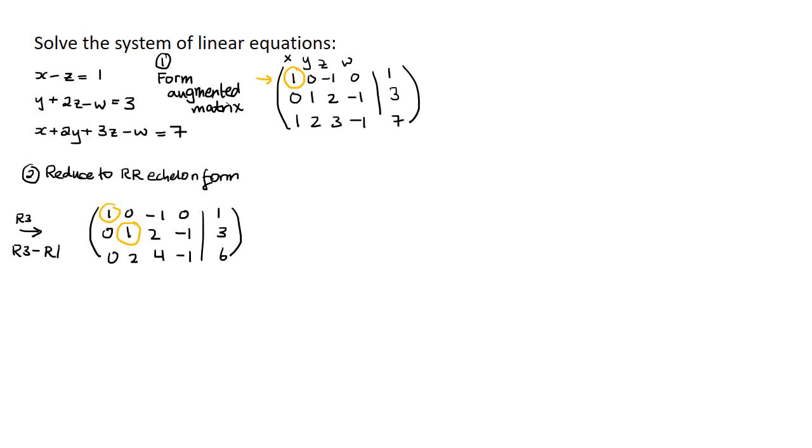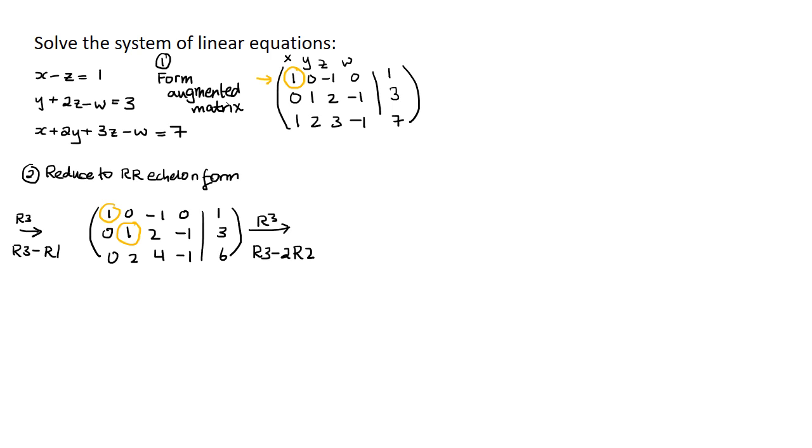Below 1, we have 2. So we're going to replace row 3 with row 3 minus 2 times row 2.